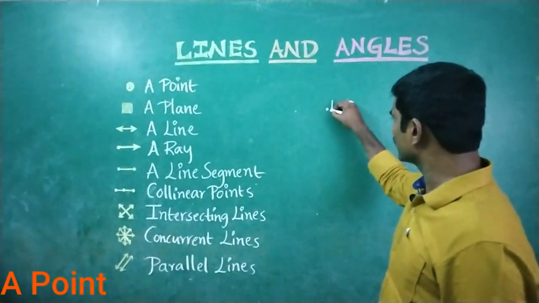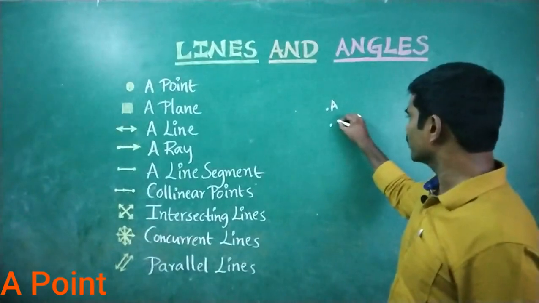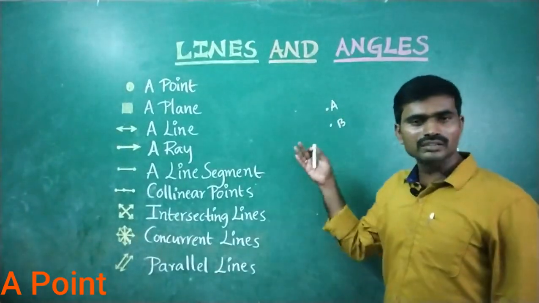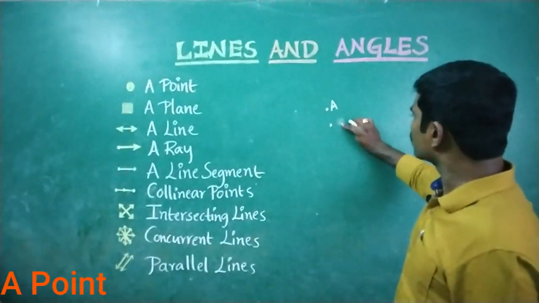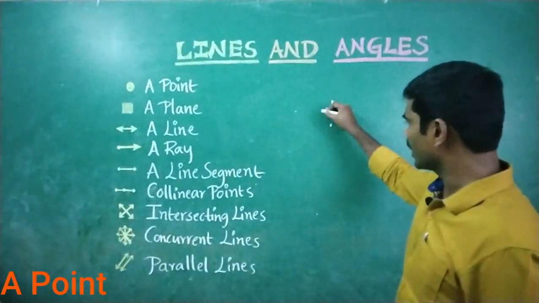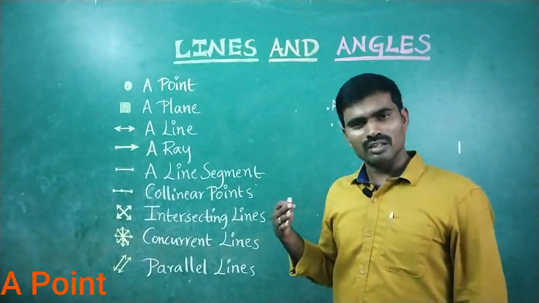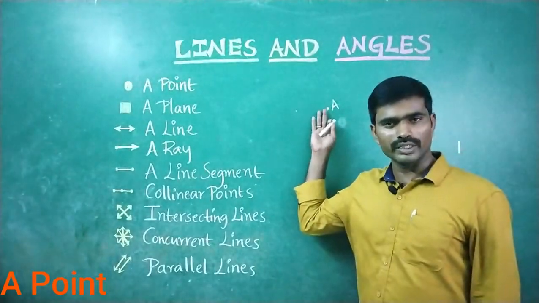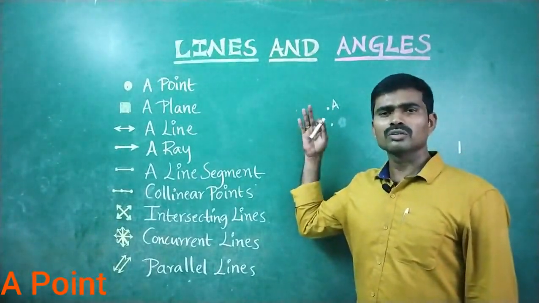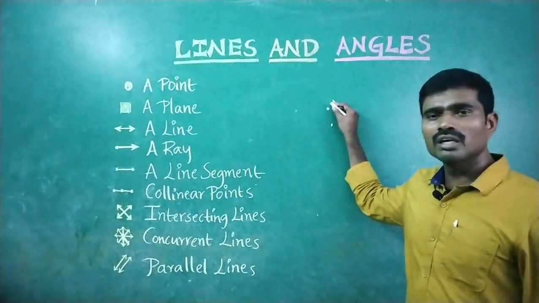Suppose this point I take as A, this point as B. And a point has no dimension. Dimension means length, breadth, thickness. A point has no length, no thickness, no breadth. So a point has no dimension.